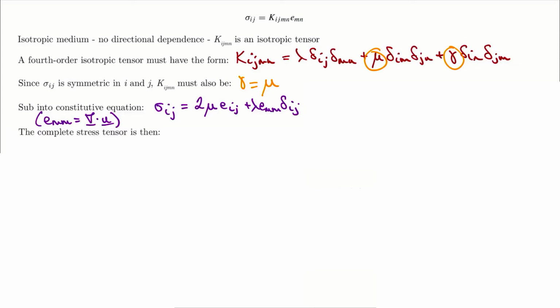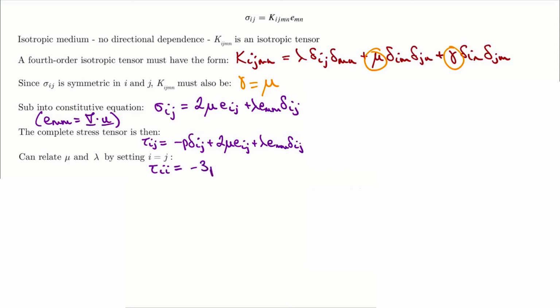So our complete stress tensor, with the static part included as well, then becomes this, and we can actually relate mu and lambda by setting i equal to j, and then summing over our repeated index and noticing that delta ii equals 3, we would have this. And then rearranging, we can write the pressure like this.